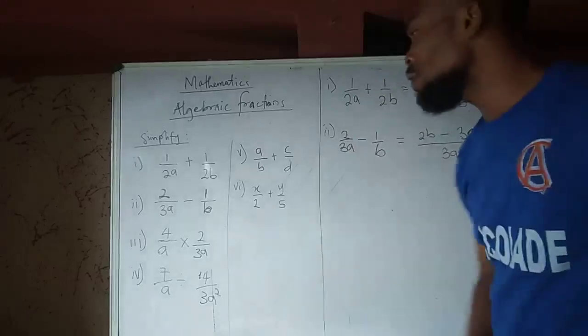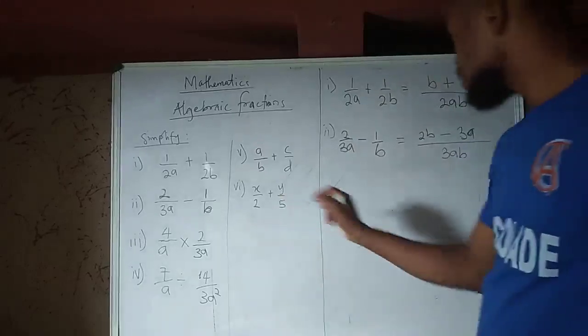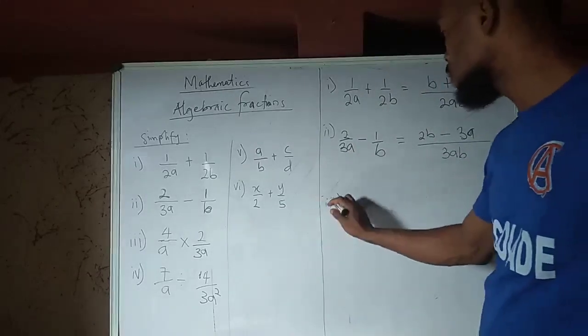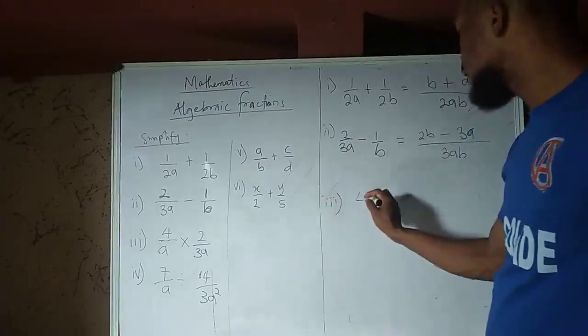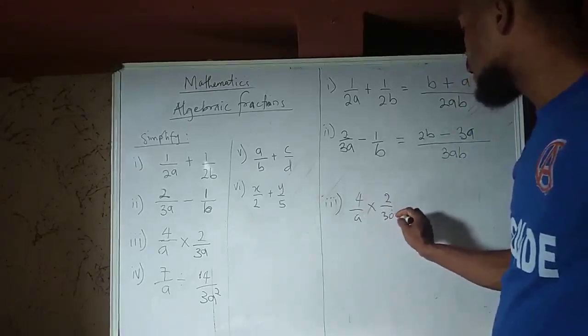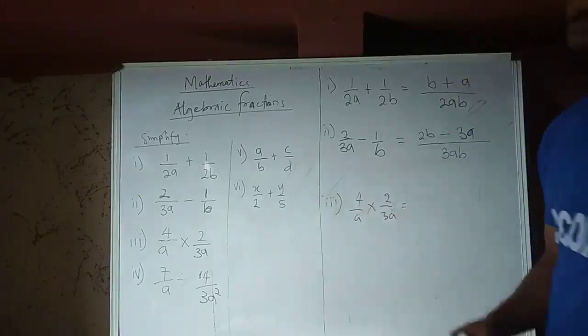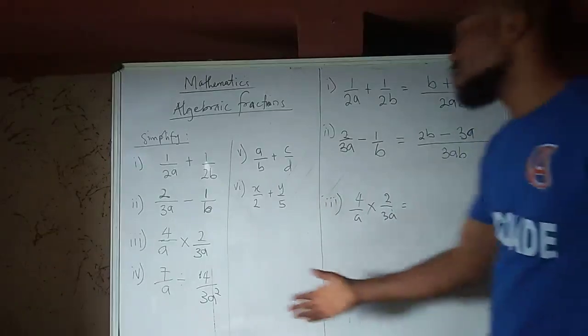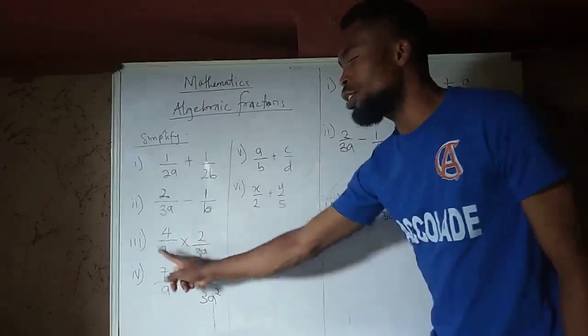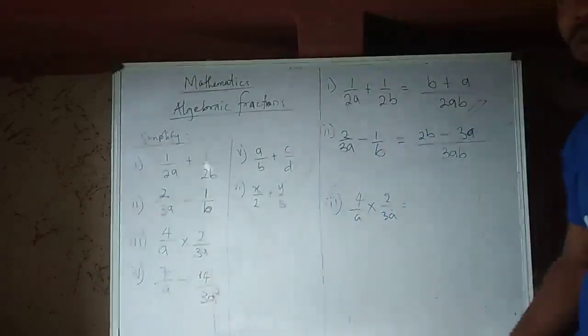Okay, let's go further and look at the next one. Here we have 4 over a multiplying 2 over 3a. Now, the rule in multiplying fractions is that you multiply numerator to numerator, denominator to denominator. Simple, right?